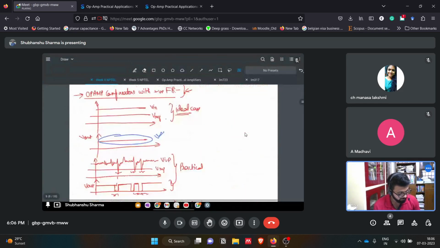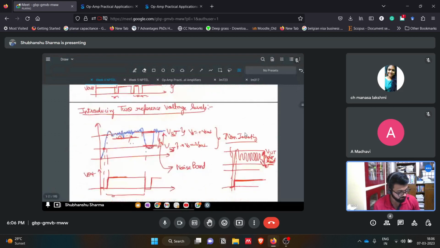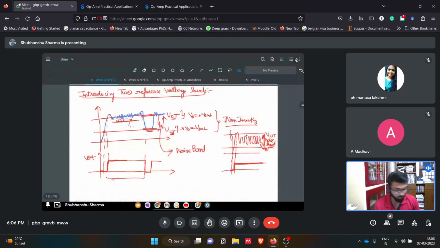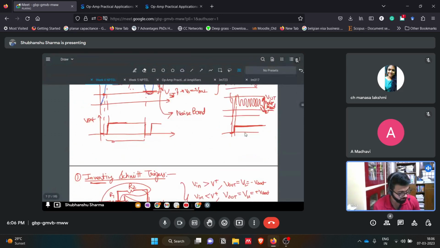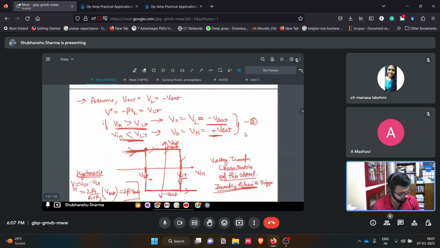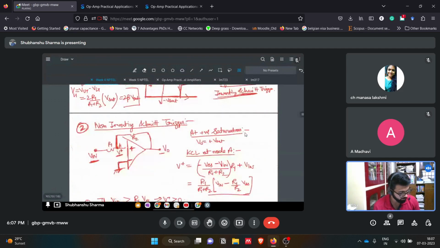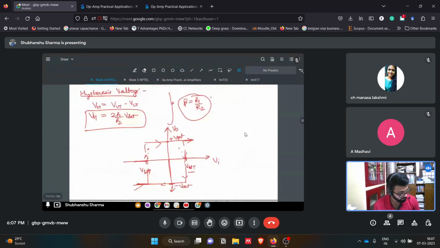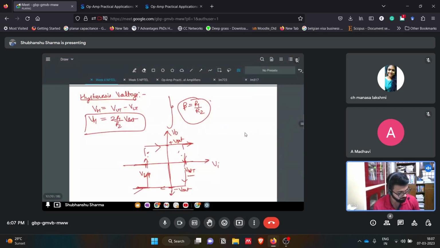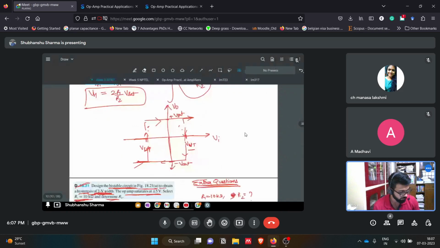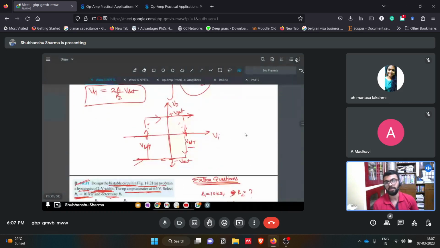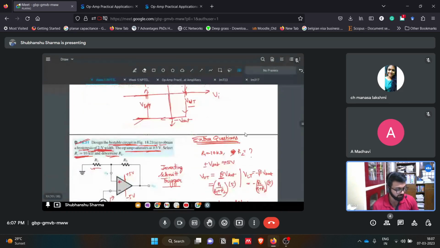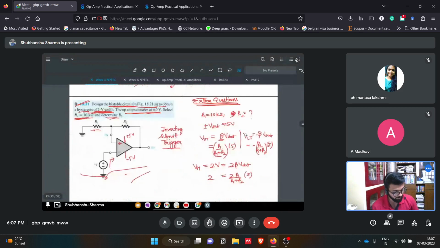Then we talked about Schmitt triggers with one reference voltage and two reference voltages, and why we introduced two reference voltages. Then the inverting Schmitt trigger and its working, and the non-inverting Schmitt trigger also. We also talked about hysteresis width and voltages, and the voltage transfer characteristics. And then we discussed the assignment questions as well as some extra questions the previous week.